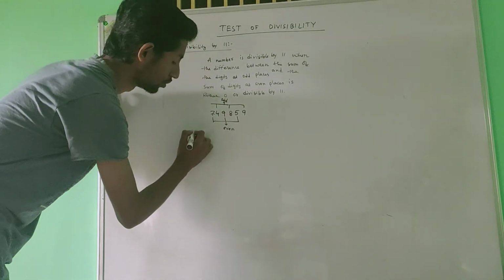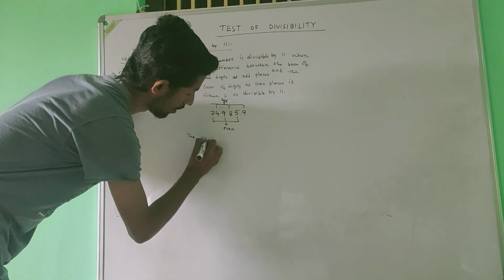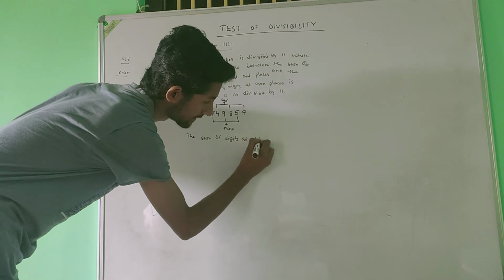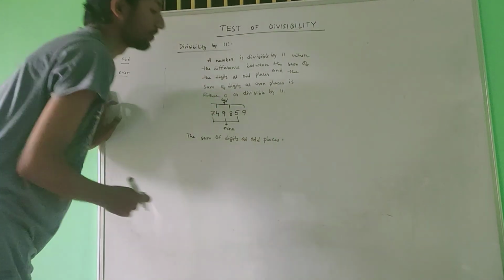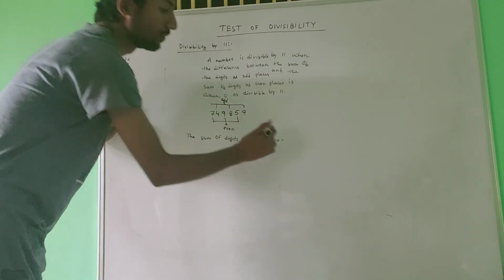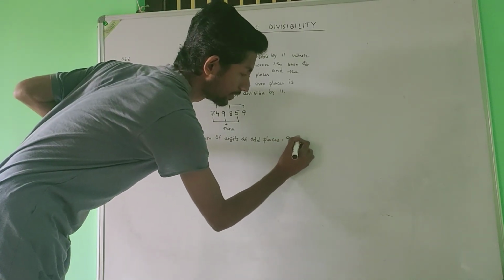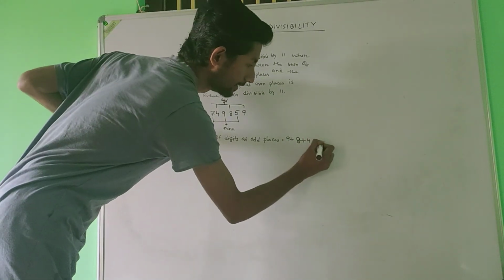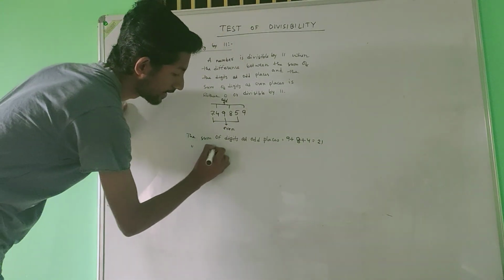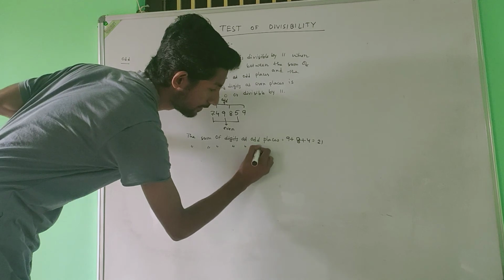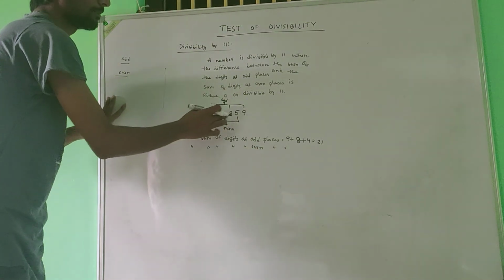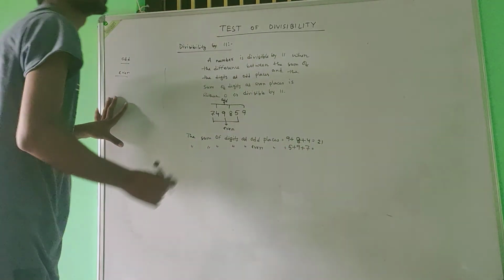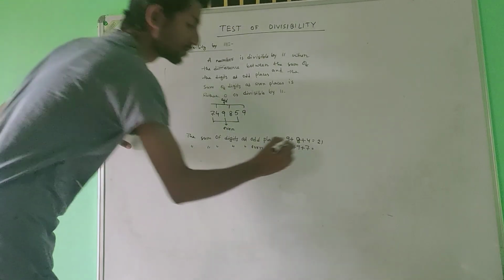So add them all. The sum of digits at odd places will be 9 plus 8 plus 4, which is equal to 21. Similarly, the sum of digits at even places will be 5 plus 9 plus 7, which will be equal to 21 also.